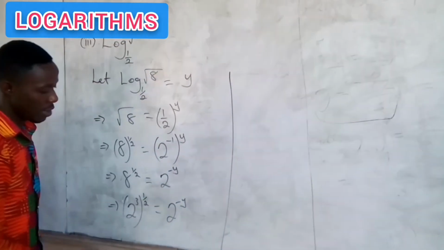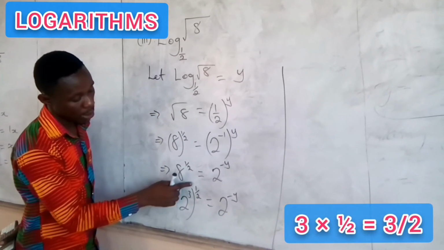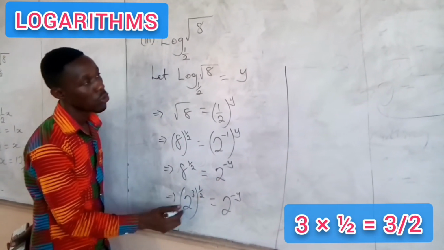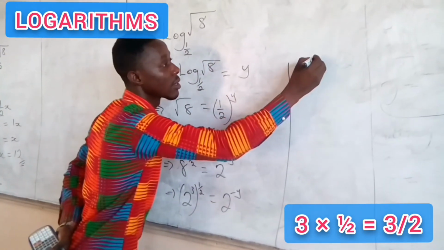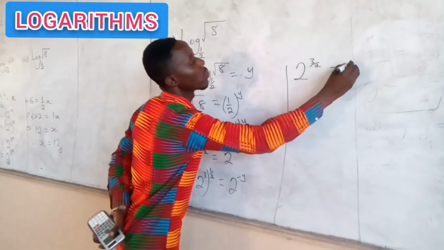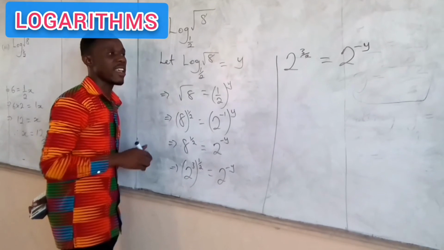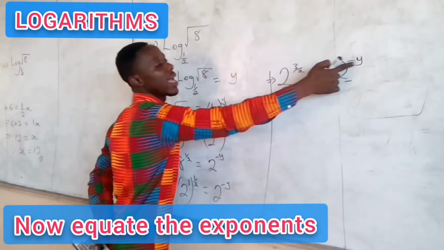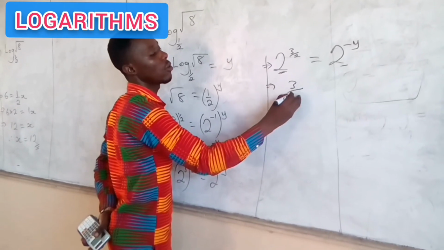From here, we multiply this and that: 3 times 1 over 2, we have 2 exponent 3 on 2, then equal to 2 exponent negative y. Since the bases are the same, I can equate the exponents, then we have 3 on 2 equal to negative y.